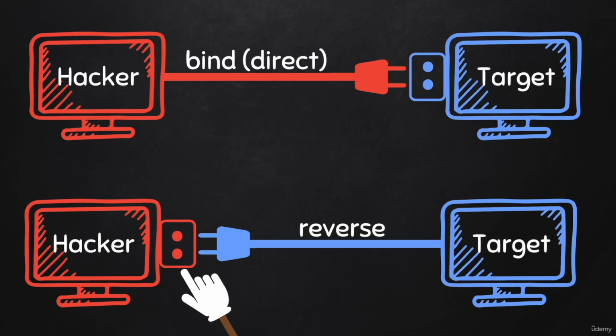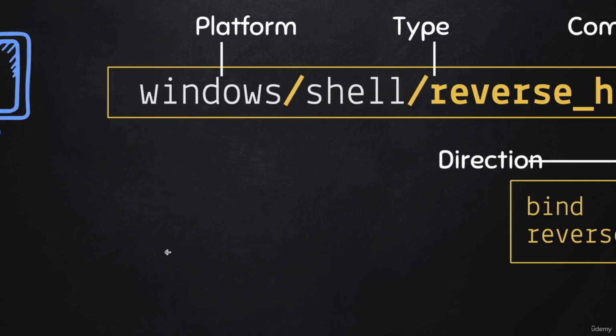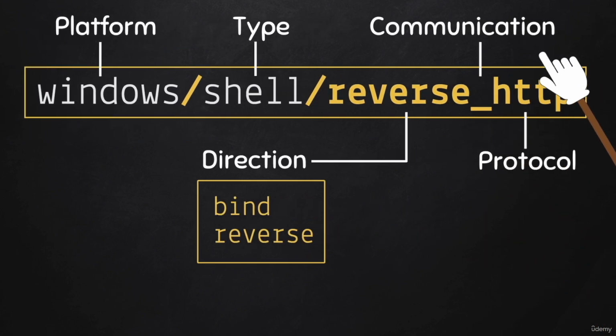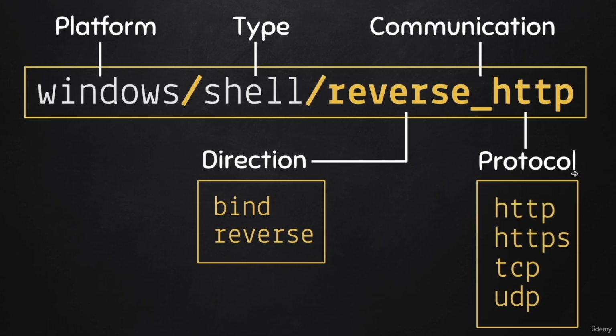We can actually open port 80 or 8080 so that this connection looks less suspicious, and even use a protocol that is used by web servers so that our connection seems like normal web traffic. So remember, we said the second part of the communication is a protocol. When you load a website, you either load it over HTTP or HTTPS.